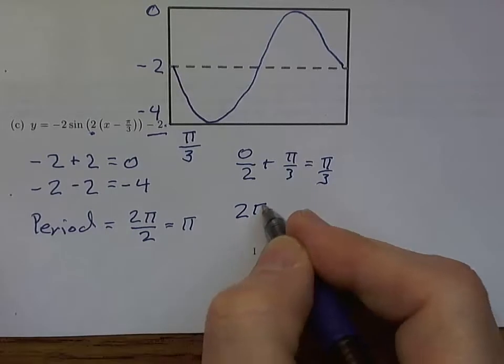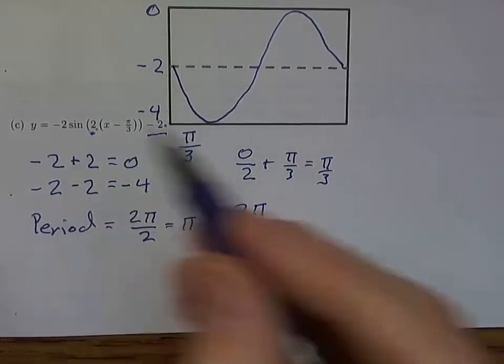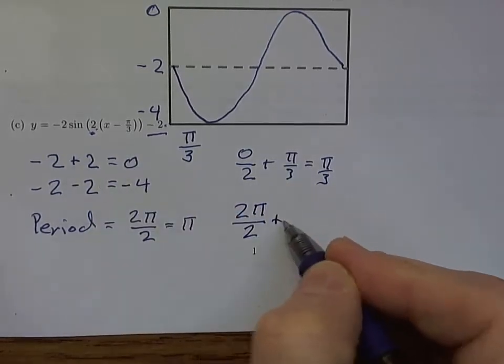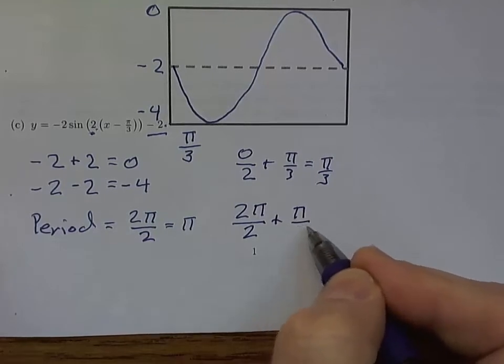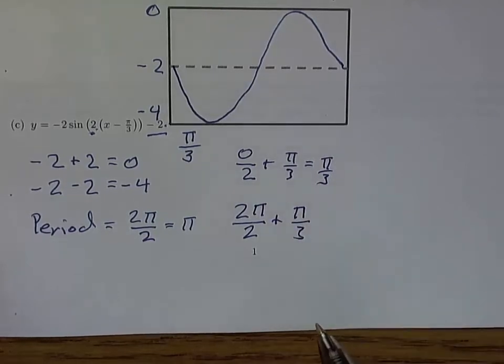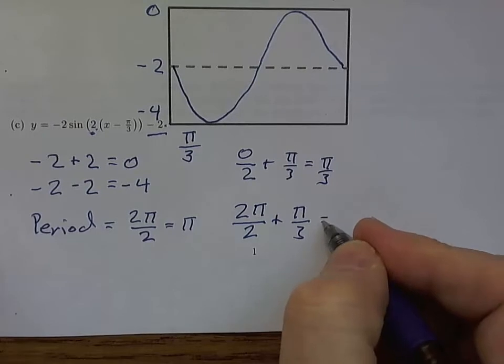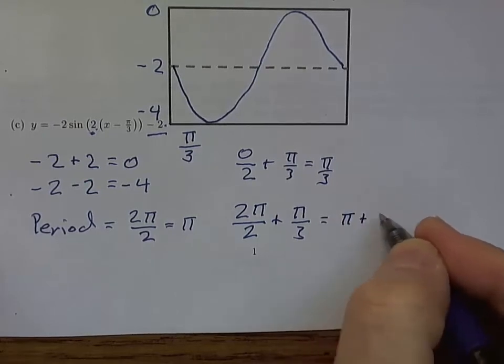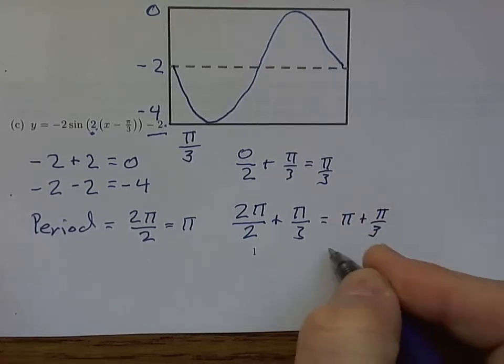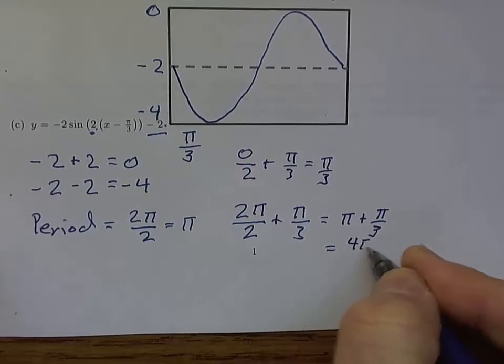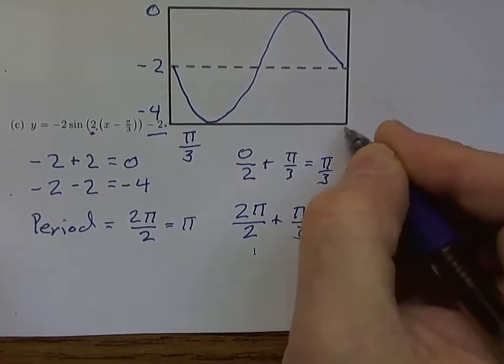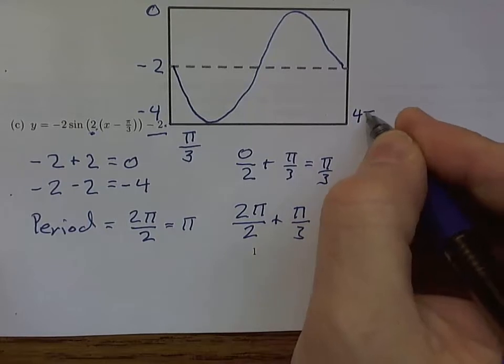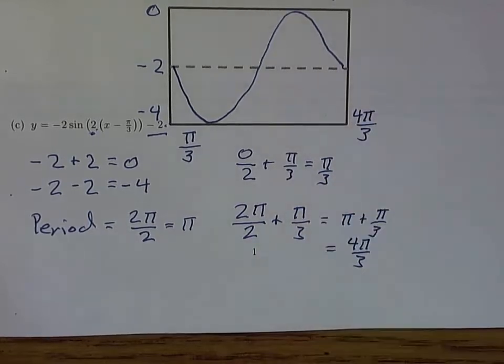Well, 2 pi normally, but we're going to divide by 2 and add pi over 3. Well, then that is going to give us pi plus pi over 3. And I guess that's going to give us 4 pi over 3. That's where the graph ends. 4 pi over 3.